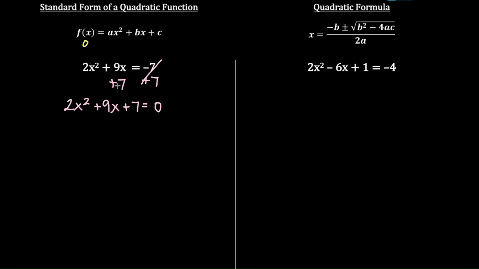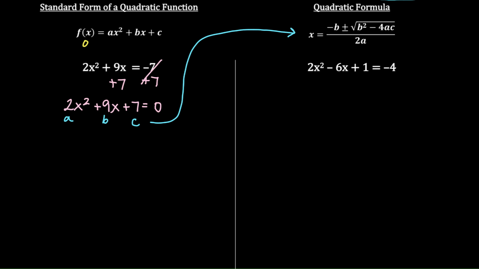Now I'm going to take this equation and substitute. The a is 2, the b is 9, the c is 7. I'm going to take this a, this b, this c, and substitute them into this equation here.